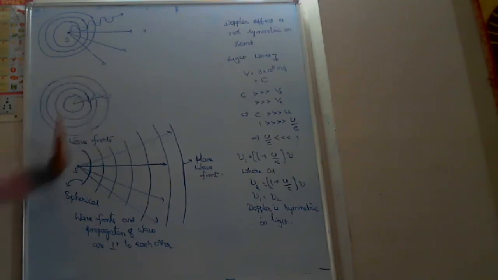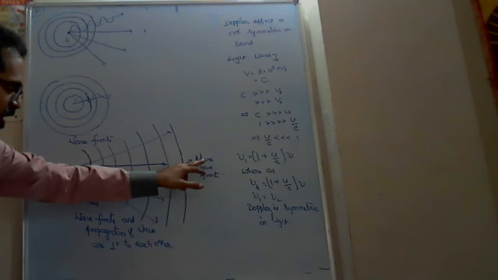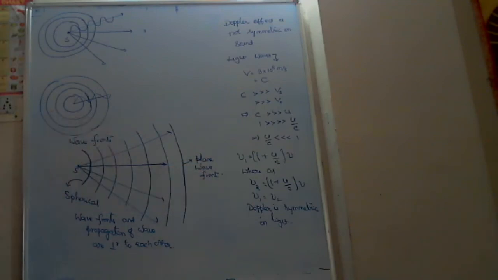Number two, far away from the point source, the wavefronts appear like plane wavefronts, two points. And third, the wavefronts and the propagation of the wave are always perpendicular to each other. These are the three points you have to remember for the next chapter.